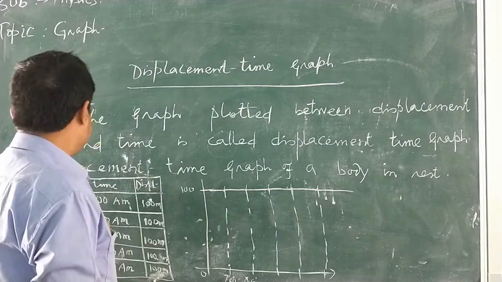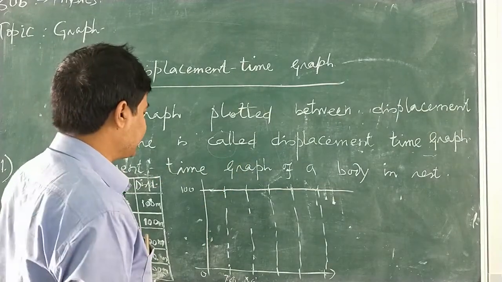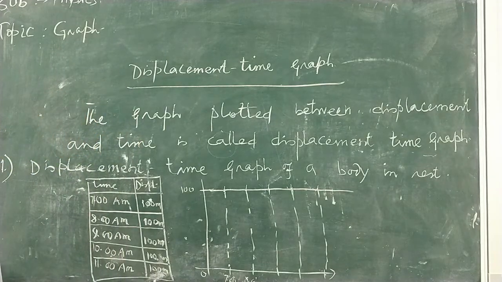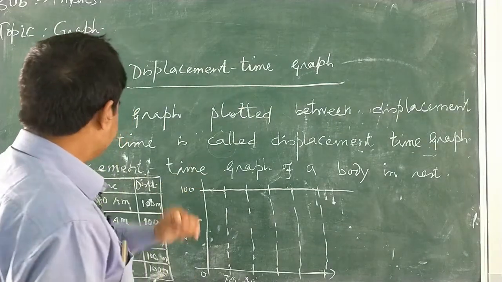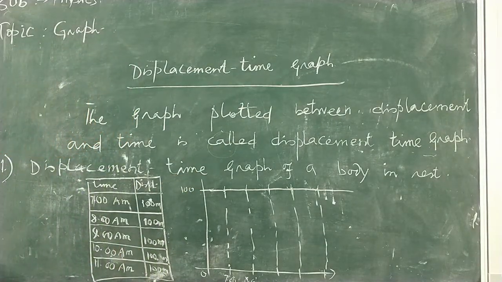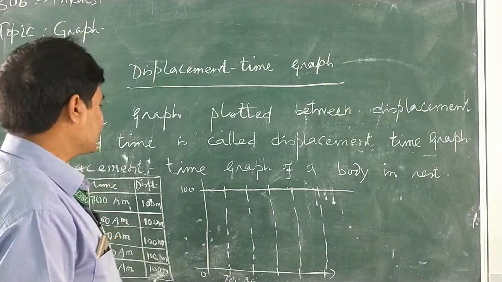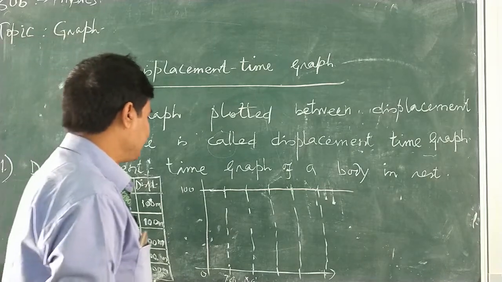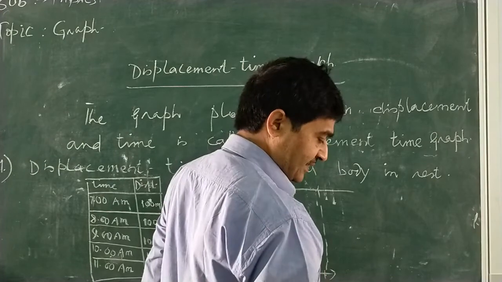The answer is: a straight line parallel to time axis. This is the relation shown in the graph by a straight line parallel to time axis.